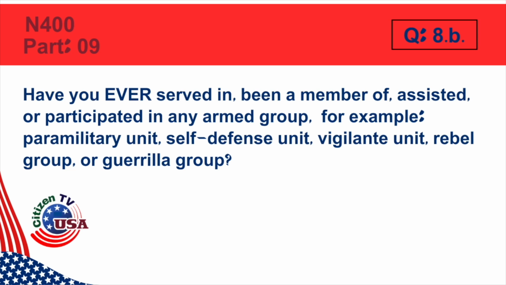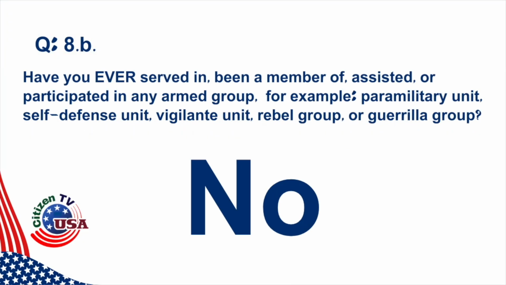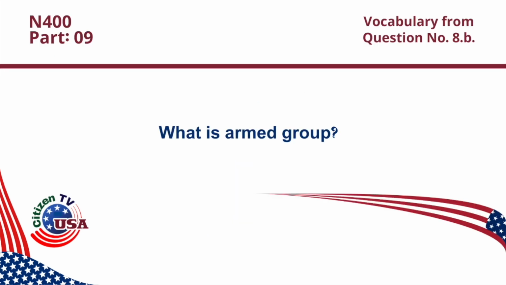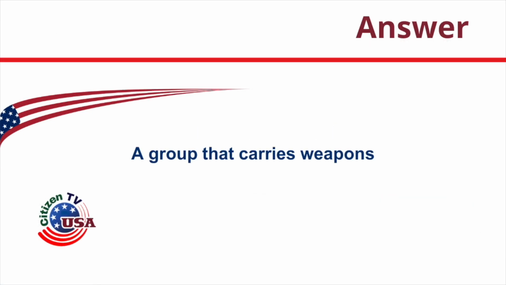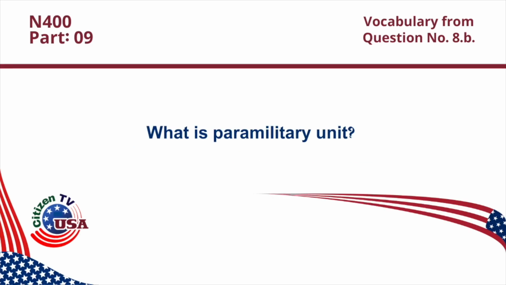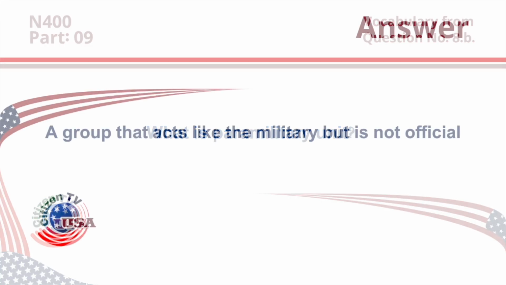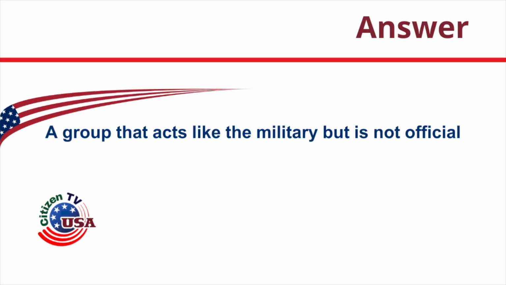Have you ever served in, been a member of, assisted, or participated in any armed group? For example, paramilitary unit, self-defense unit, vigilante unit, rebel group, or guerrilla group? No. What is armed group? A group that carries weapons. What is paramilitary unit? A group that acts like the military but is not official.